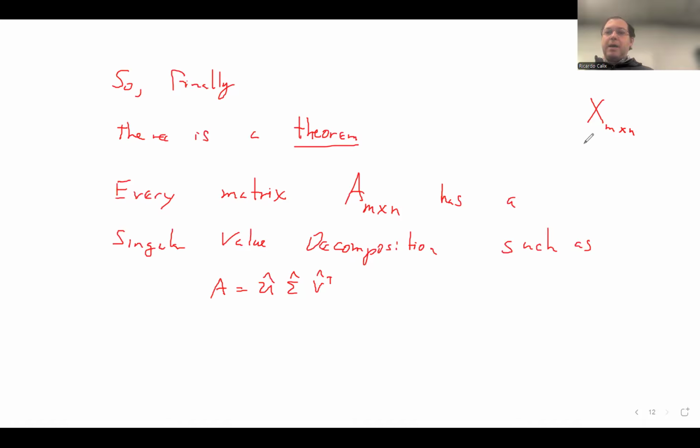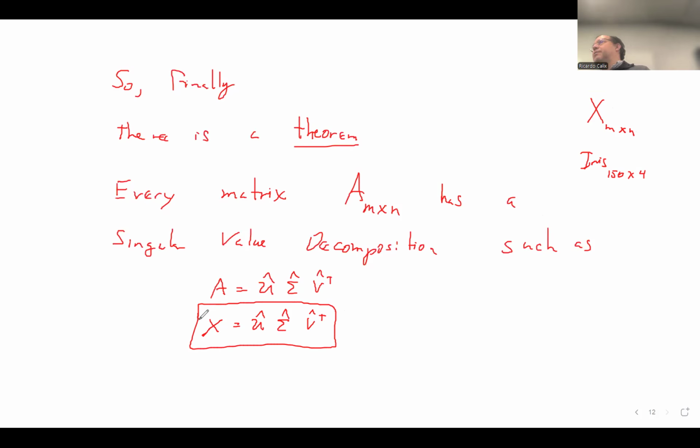Iris is M by N. So iris is 150 by 4. So essentially, instead of A, we can replace this with X. Do you see that? And now our data can be broken up, if we want that. It's guaranteed.